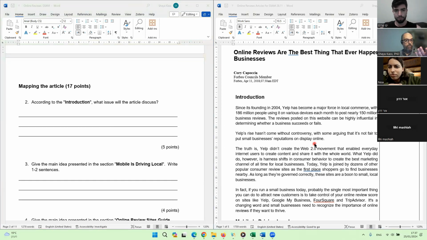Okay, so that's the negative part of Yelp. The truth is, Yelp didn't create the Web 2.0 movement that enabled everyday internet users to create content and share it with the whole world. What Yelp did, however, is to harness shifts in consumer behavior to create the best marketing channel of all time for local businesses.